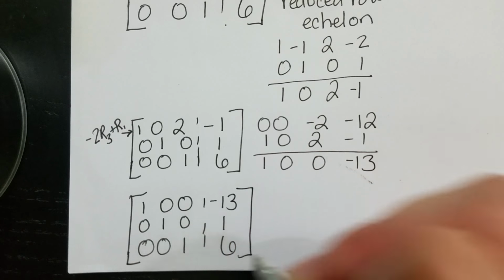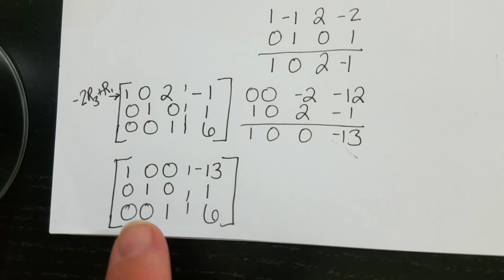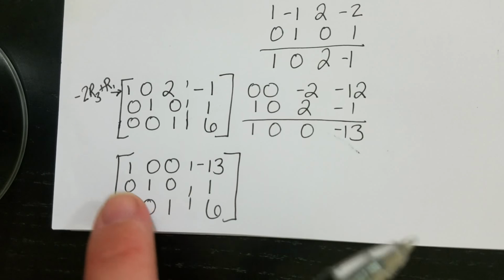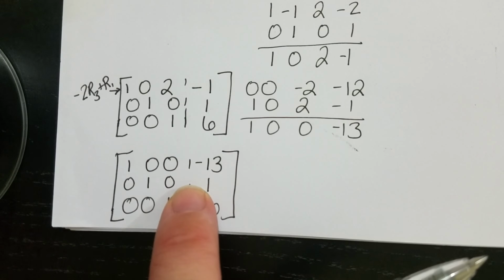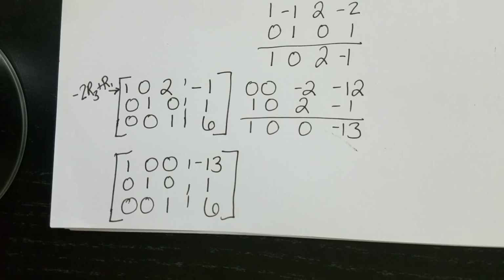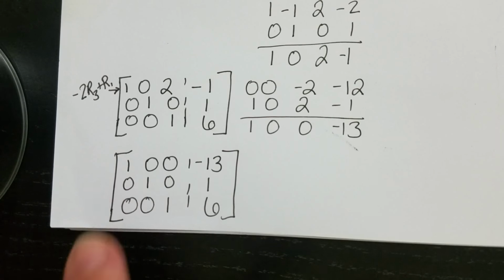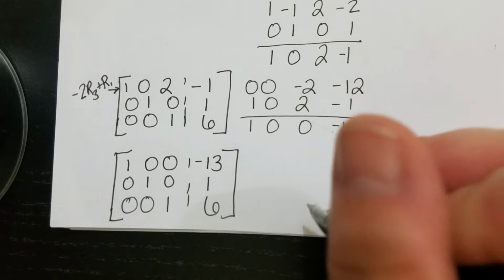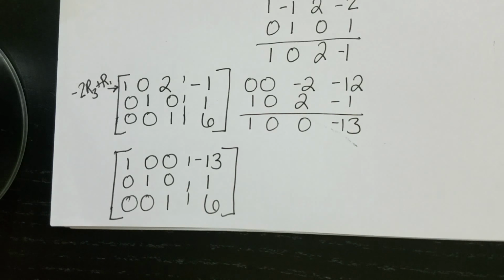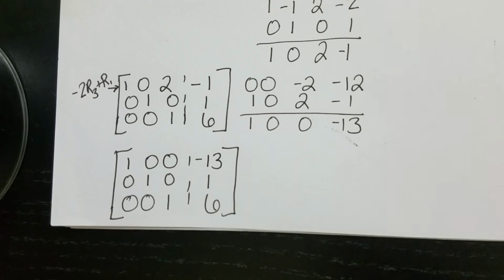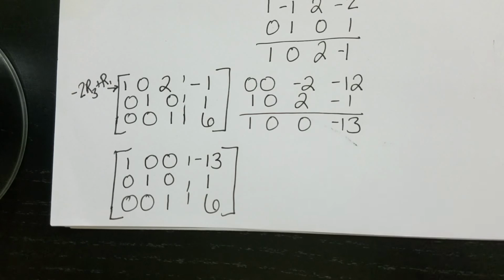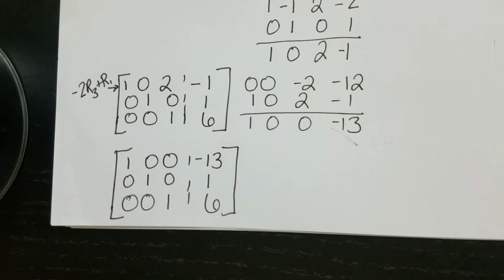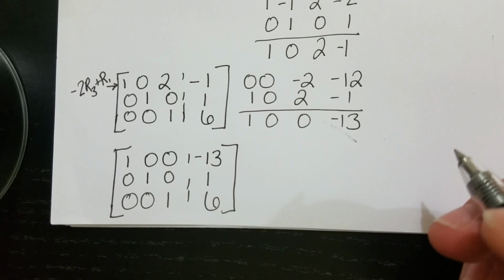Okay, this is reduced row echelon form. Notice everything on the left is 0, 0, 0 with the ones down the middle. And so basically, once you have that, you know your X, Y, and Z. In this case, they're not using X, Y, and Z. They're using X1, X2, X3.